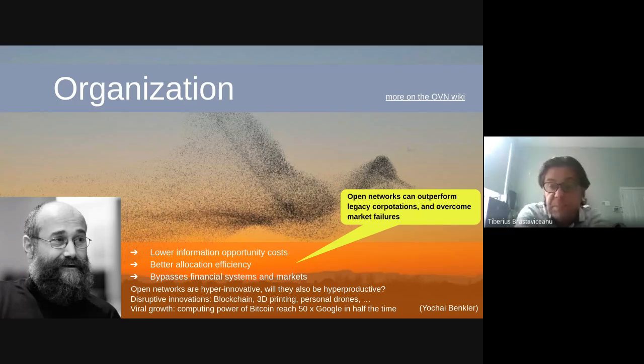Instead of having a managerial approach, like in a traditional organization, you have people electing to do stuff, like we see in the open source world. Also, commons-based peer production and these open networks bypass financial systems and the markets when it comes to their production and distribution. So that reduces or overcomes some of the market failures that we see in capitalism with firms.